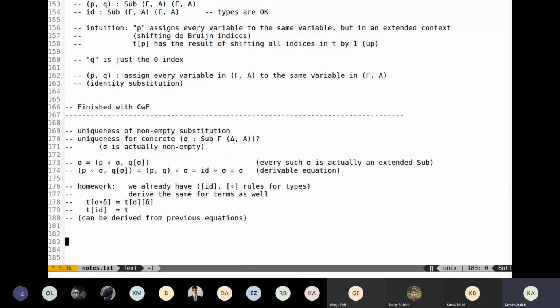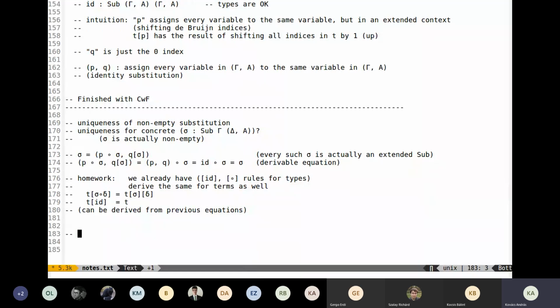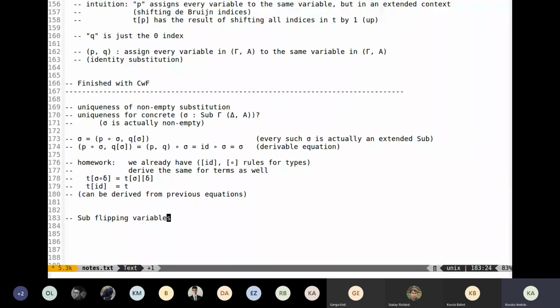So what kind of examples should we have? Maybe we can look at some basic examples of substitutions. For example, what is the substitution which is just flipping variables? Exchanging variables, it's better.